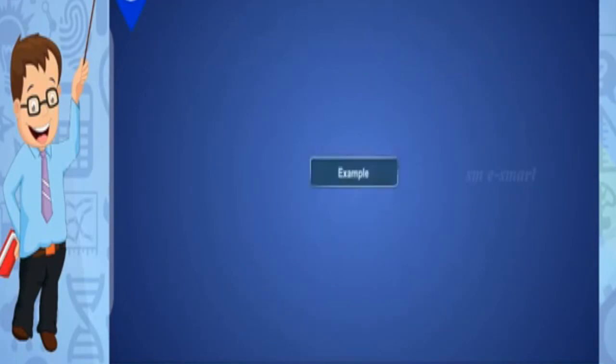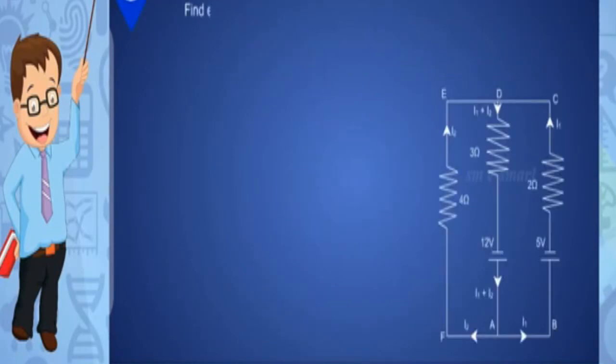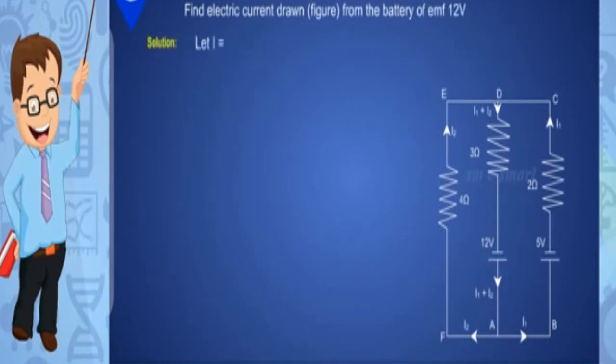Example, find the electric current drawn from the battery of EMF 12V in the figure. Solution: let I equals I1 plus I2 be the current drawn from the EMF of 12V.